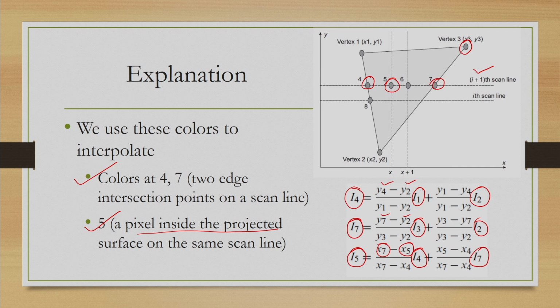What happens when we want to compute color of subsequent scan lines? Say, in terms of previous colors, we want to compute color for the 8th pixel, the point 8.